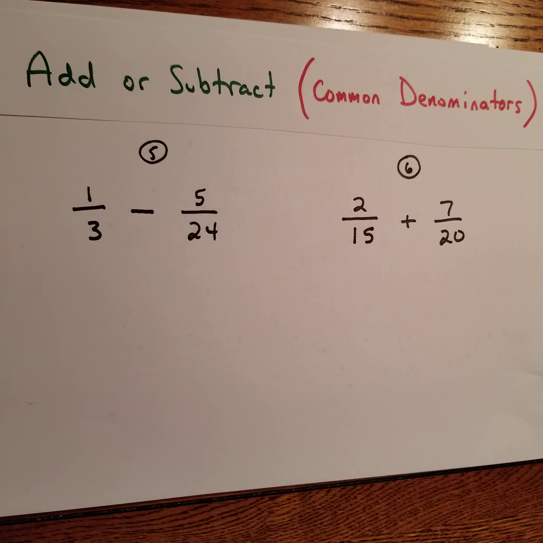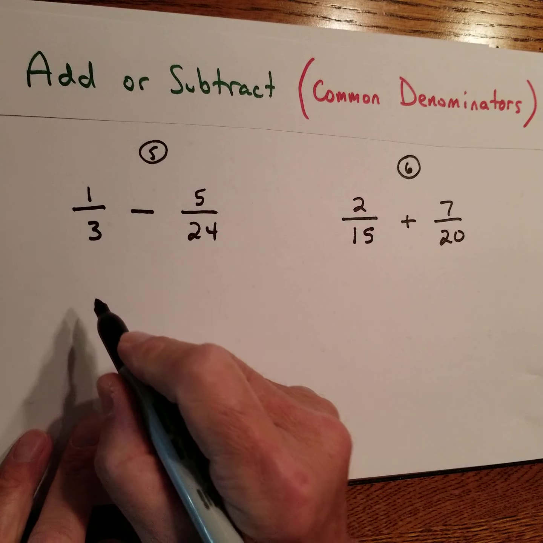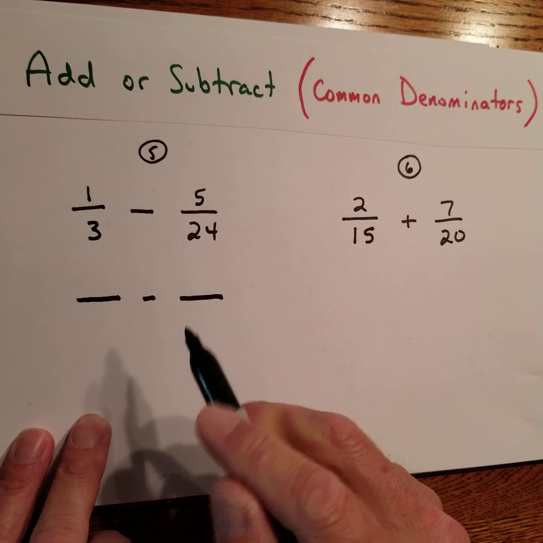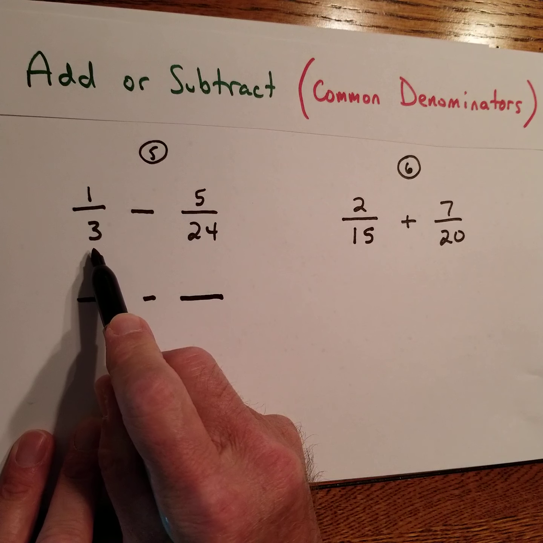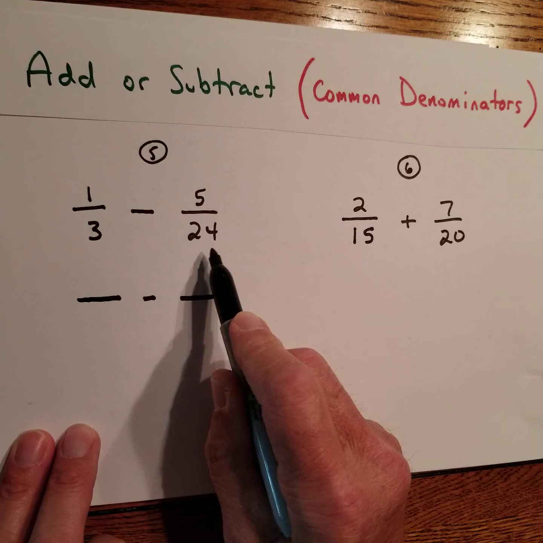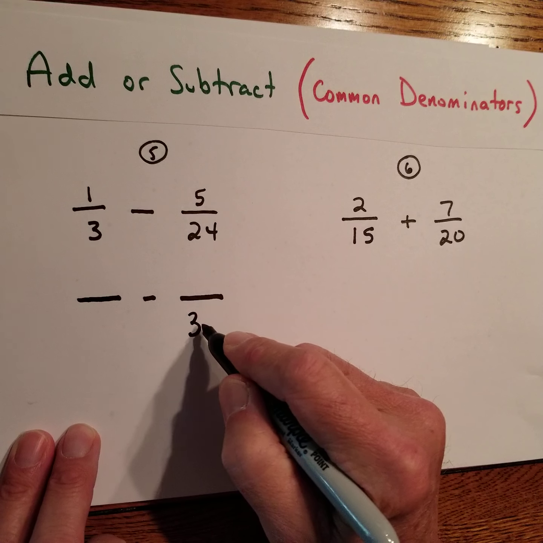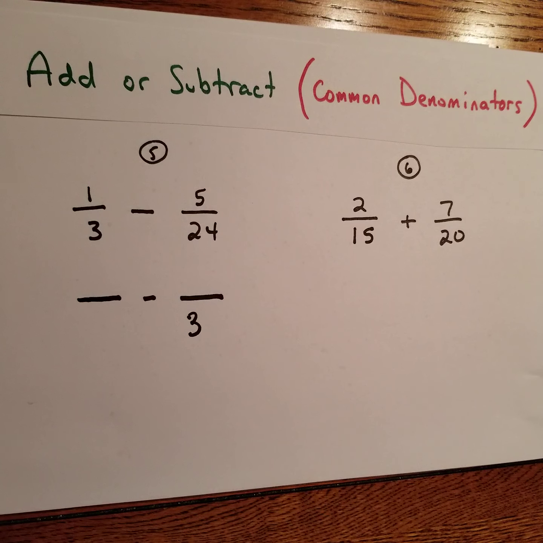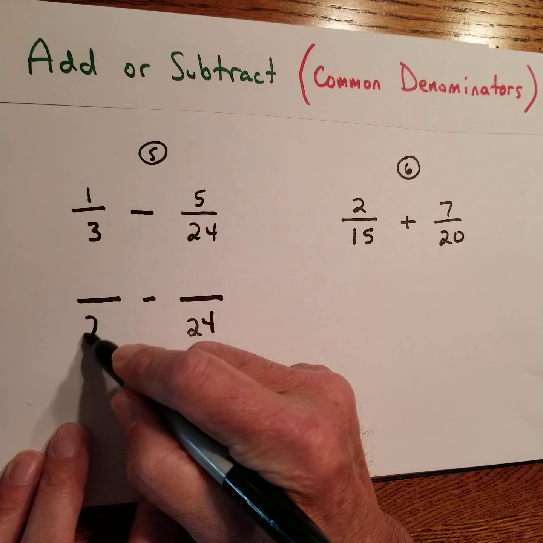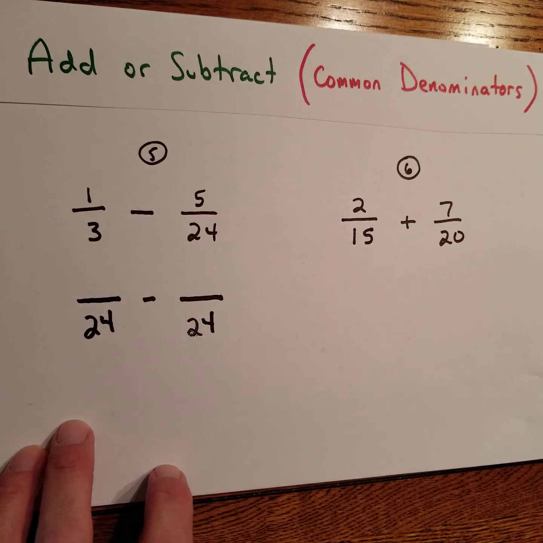When we add or subtract fractions, we must have a common denominator. On number 5, what I'm going to notice is that the smaller denominator divides evenly into the bigger denominator. When that happens, the big denominator is a good common denominator. We'll use 24 as a common denominator.